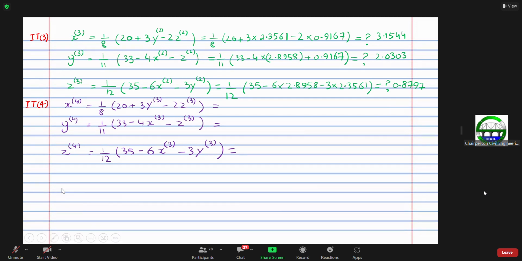Give me these values quickly. Give me these 3 values, please. 3.0414. 3.0414. What is the value of y4?